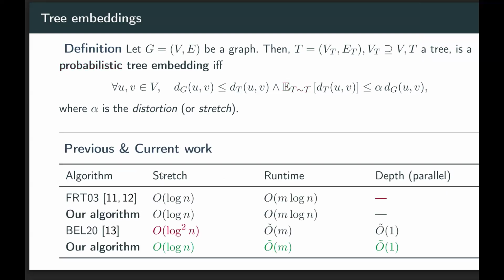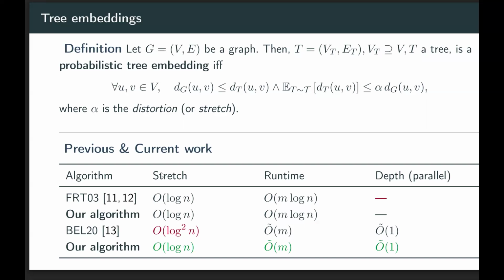Then, to look at previous and current work, we have the FRT result, which we'll also introduce later, which is the seminal result here. They were the first to achieve the log n stretch, which Bartal showed in the last century is tight. The runtime here is actually from a follow-up paper, but they use exactly the same FRT trees to build a work-efficient runtime.